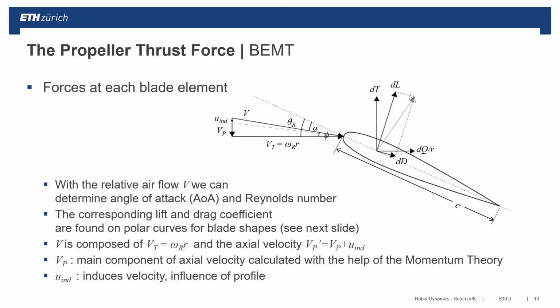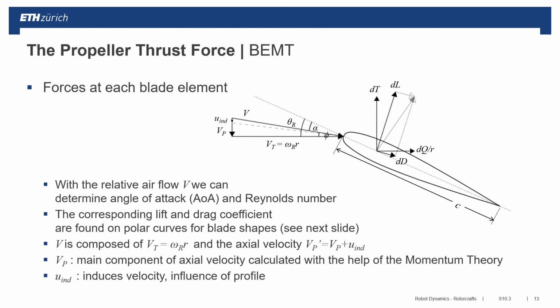The lift and drag forces acting on a blade element of a rotor can be calculated similarly to the forces acting on a wing of a fixed-wing airplane. With the relative airflow V, we can determine the angle of attack and Reynolds number of the blade element. The corresponding lift and drag coefficients can then be found on polar curves for blade shapes. We'll see an example in the next slides.